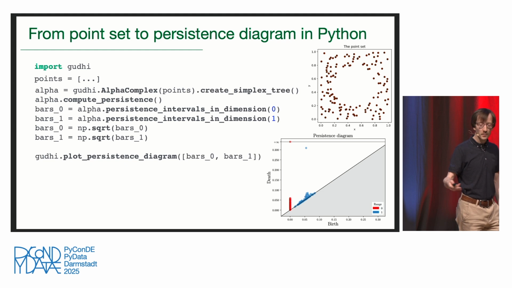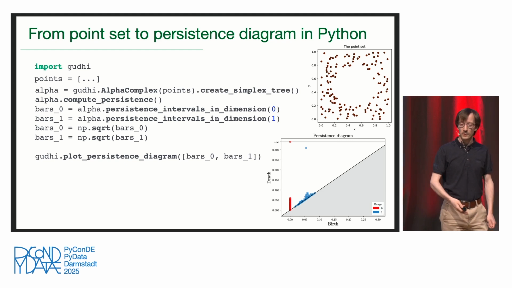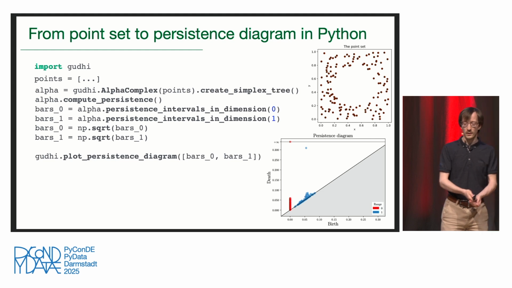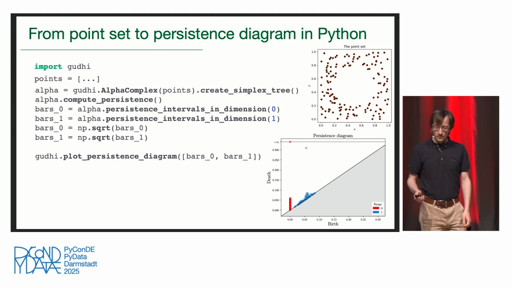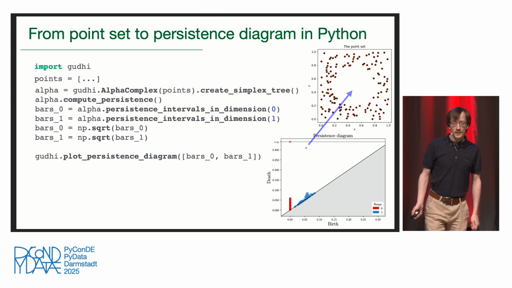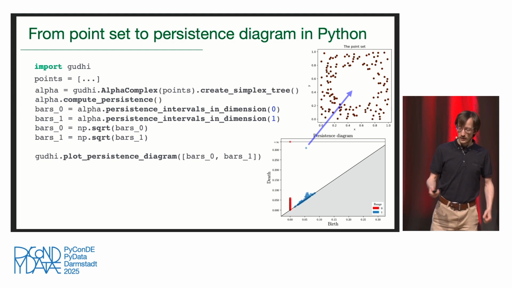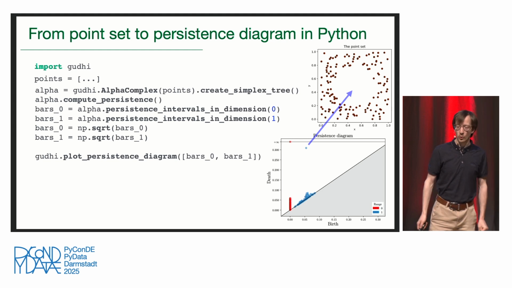The form in which it wants to eat the bars is like this. You put a list, and the first is dimension 0, the second is dimension 1. You see that there is one blue dot that's very high. Blue is dimension 1, so loops, and it corresponds to this hole in the middle.